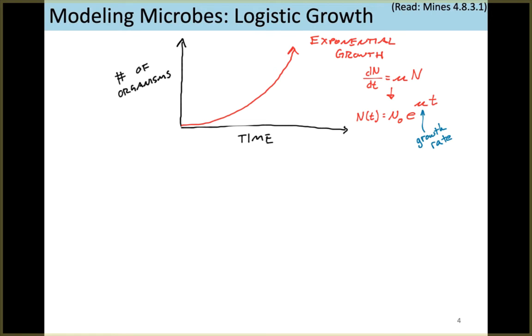Now, this is seldom the case when we are in a real system because exponential growth indicates that there are no bounds. Much more common is to represent this as a bounded form of growth, or a logistic growth in this case. And what happens here is early on we may see exponential growth, but populations level out at a carrying capacity.